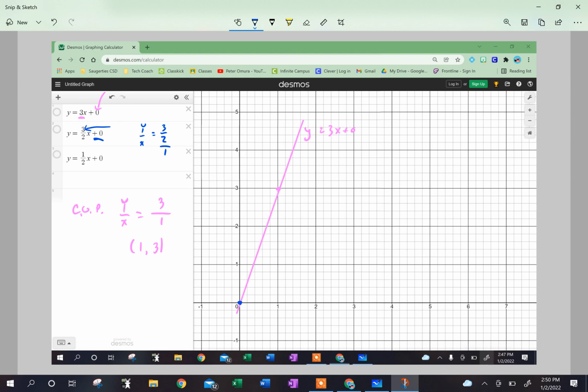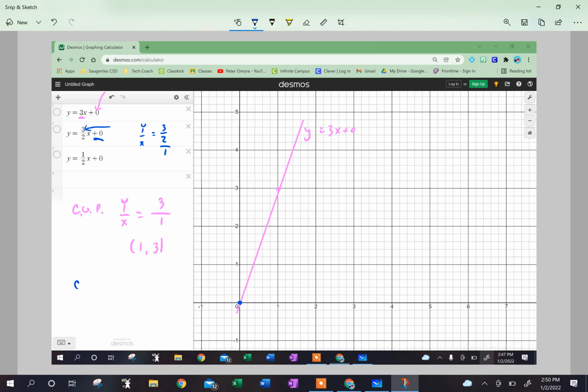So my constant of proportionality is equal to 1.5. That means I'm going to go over 1 and up 1.5, which is here.